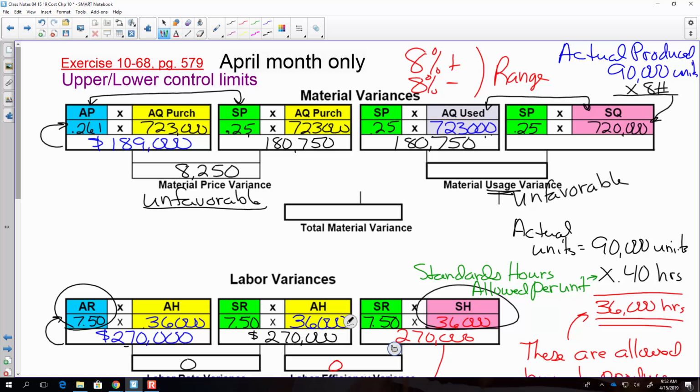Half would be 360, so 180 would be a quarter. 750, unfavorable variance. Since I got two unfavorables, I can do what? Combine them, so my total 9,000. Obviously unfavorable.